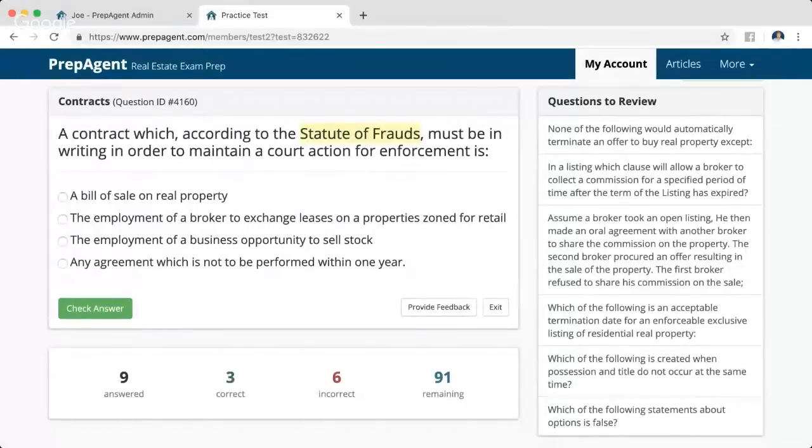The contract, which according to the statute of frauds must be in writing in order to maintain a court action for enforcement, is: A, a bill of sale on real property, B, the employment of a broker to exchange leases on properties zoned for retail, C, the employment of a business opportunity broker to sell stock, or D, an agreement which is not to be performed within 1 year.